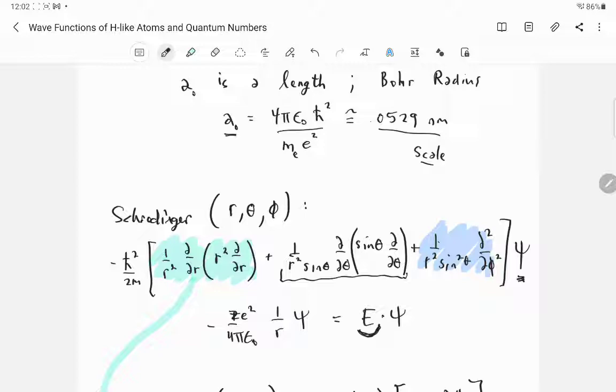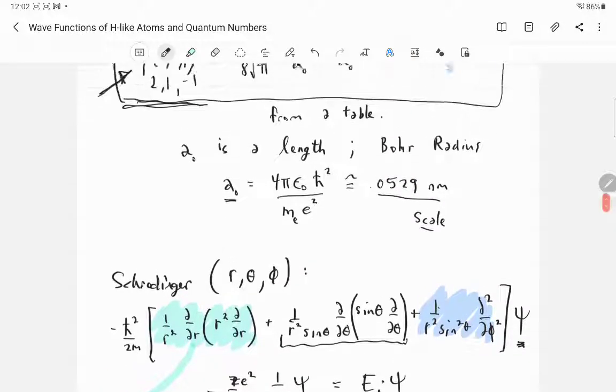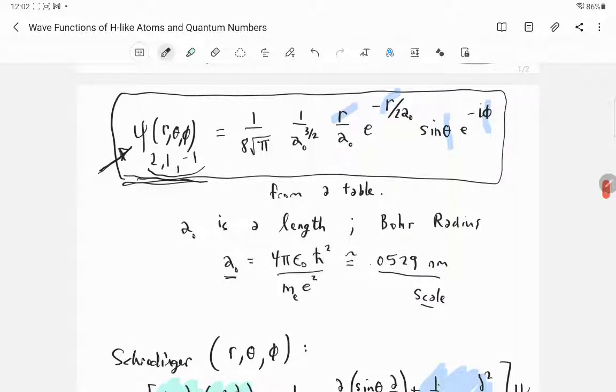And what you can find is that if you do the problem, you can go and get the energy associated with these quantum numbers.